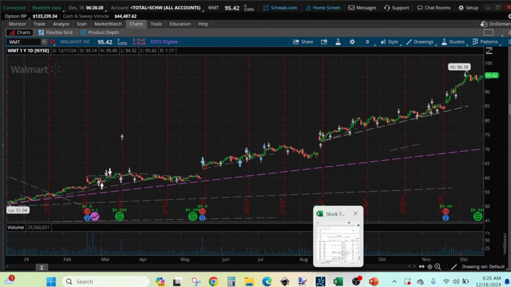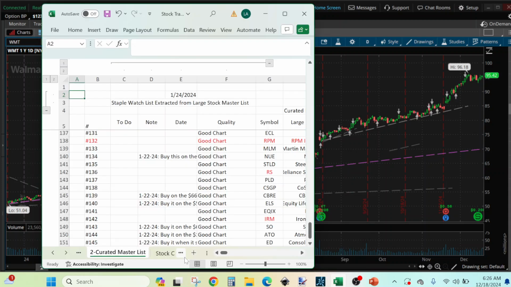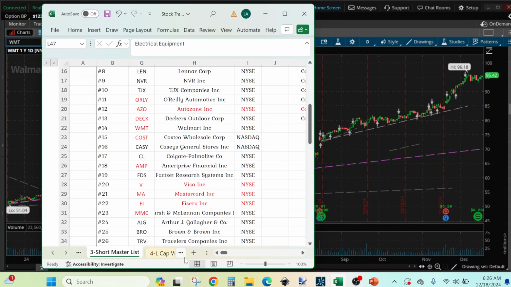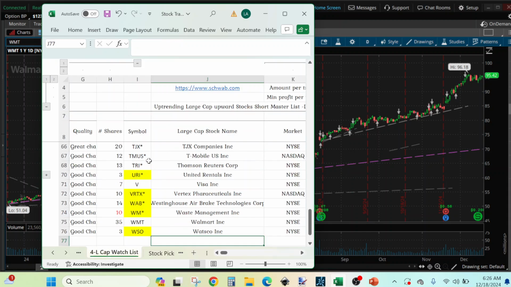So as we are analyzing our stocks, when you have a watch list, it is good to take note of the ones that you like so that you can use them as a reference to pick similar stocks from your longer list. Does that make sense?